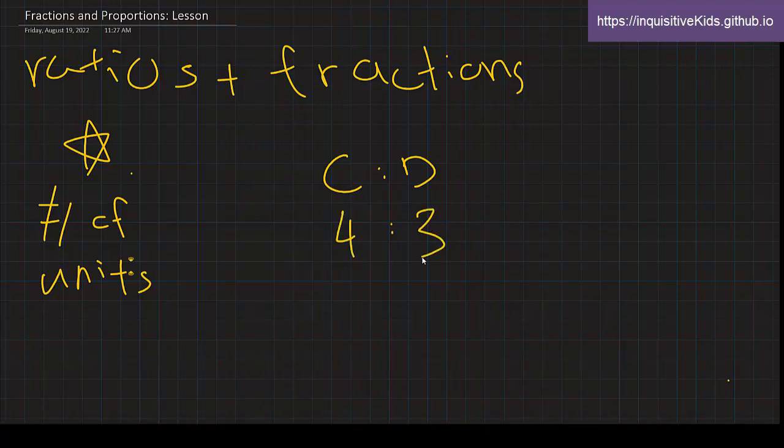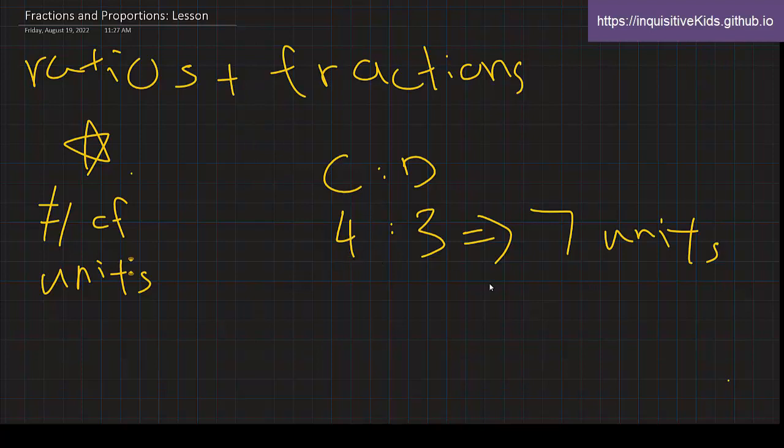So after you understand that this is the ratio the problem is talking about, you immediately need to make a connection that there is a total of 7 units. So 4 to 3 is 7 units because 4 plus 3 is 7 units.